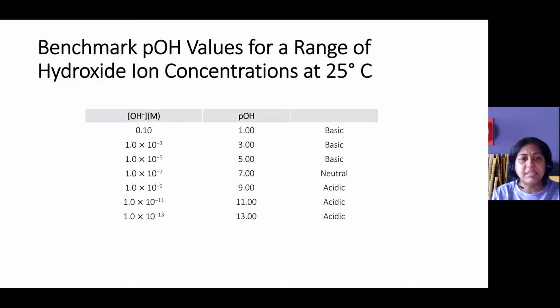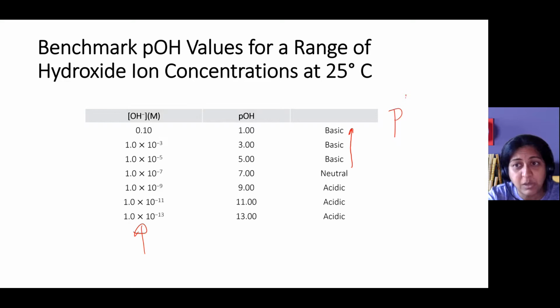Here you will see some pOH values and the OH- concentrations. When the pOH is less than 7, it is basic.